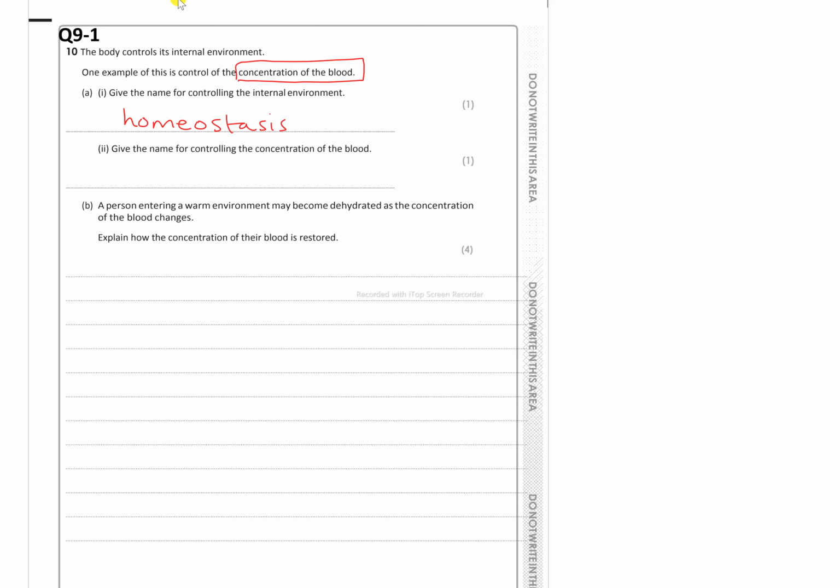Homeo meaning same or steady. Stasis meaning state. Give the name for controlling the concentration of blood. It's osmoregulation. Right.